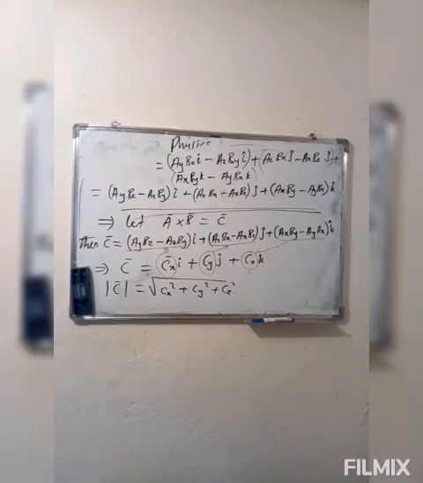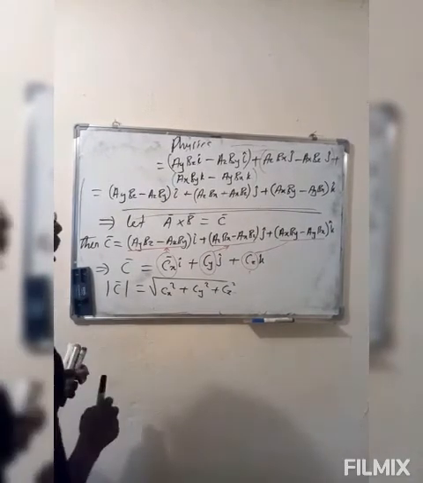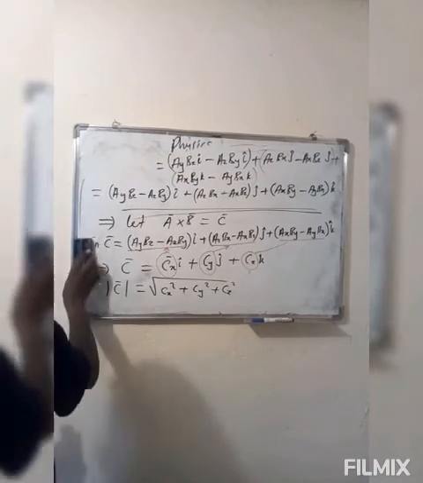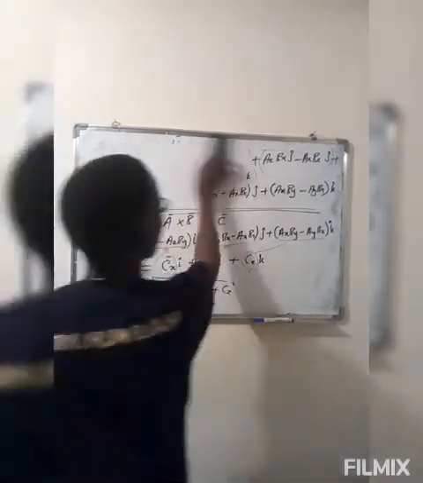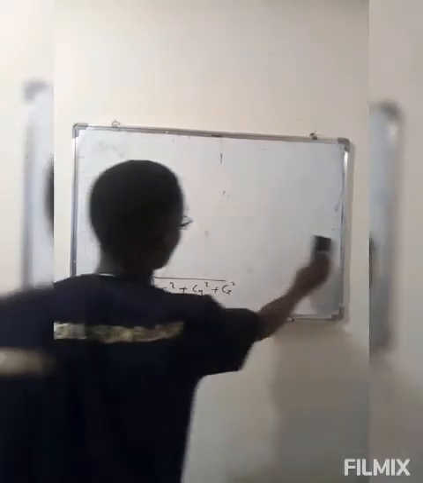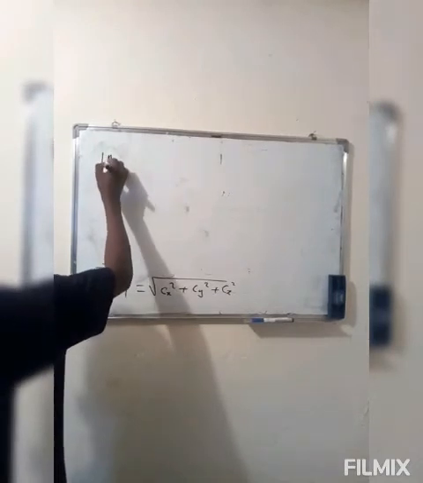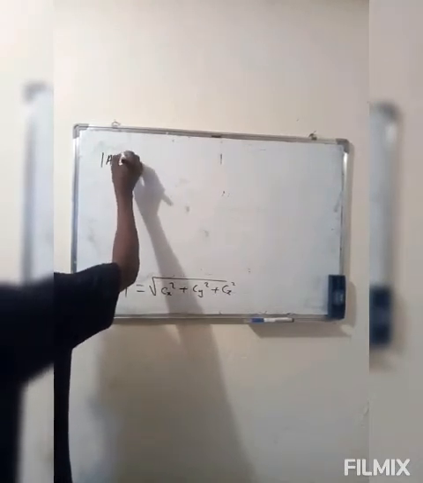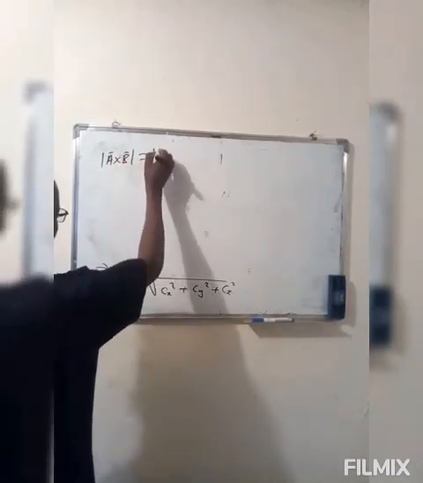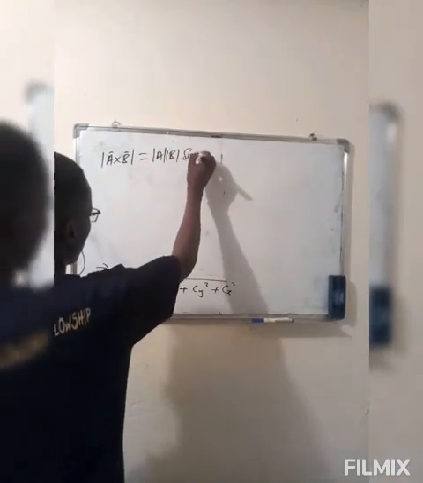Then from there we need to also find the angle between vector A and vector B. So remember we said that the magnitude of A cross B is equal to magnitude of A multiplied by magnitude of B, then sine theta.